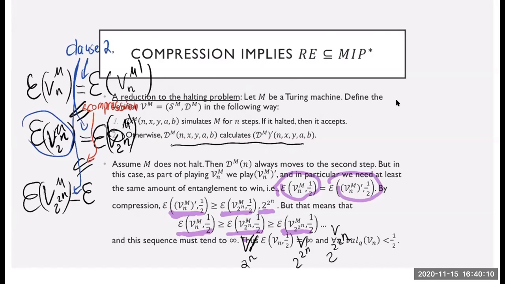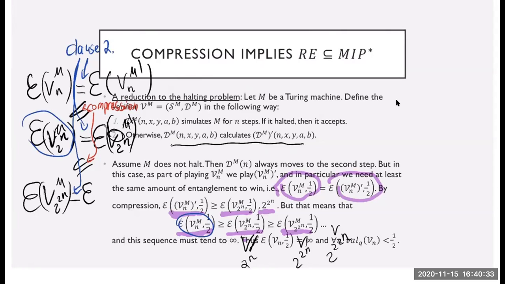But this just means that this number cannot be finite. It's not an infinite number, it's just infinity. The conclusion is that you cannot win this game using quantum correlations with probability larger or equal to 1/2.